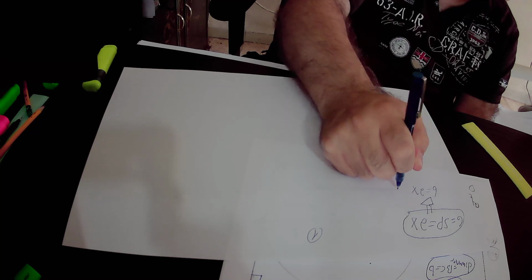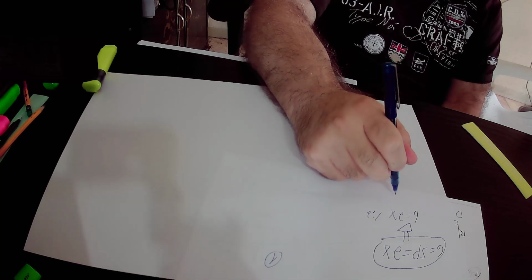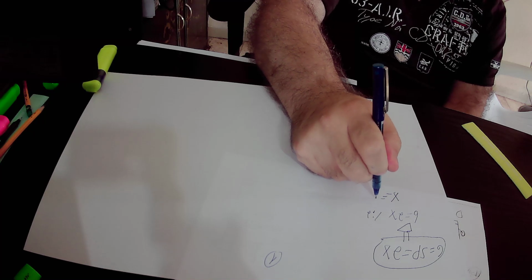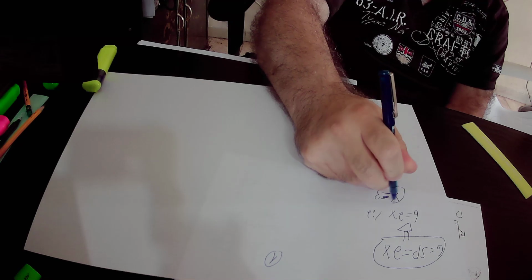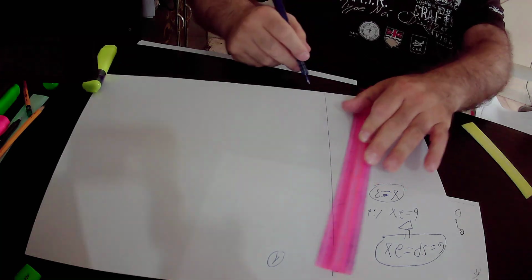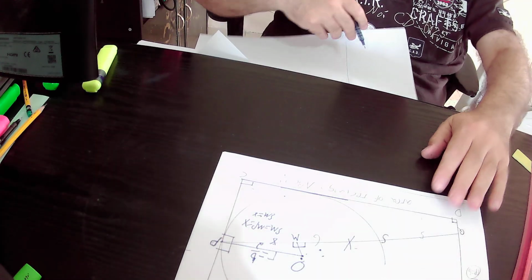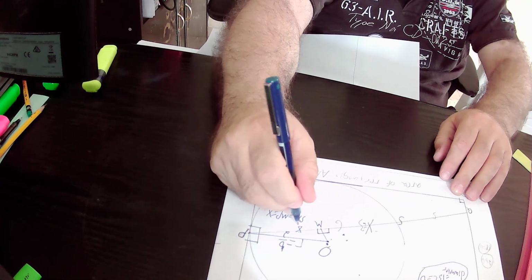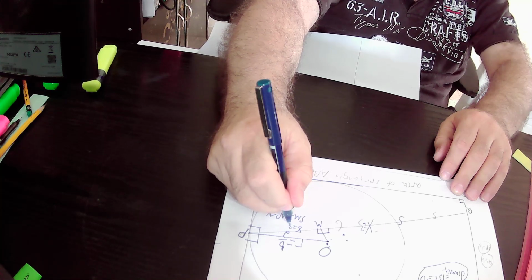Here we divide this equation by 2, and we get that X equals 6 over 2, that is 3. X equals 3 units.